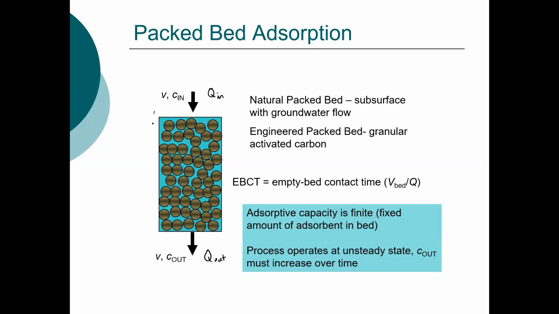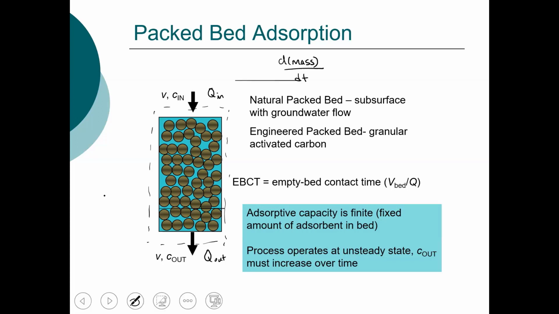Now, I'm going to draw a system boundary around this column. And as we've done before, we can write a mass balance where we talk about the change in mass with respect to time. This activated carbon column.